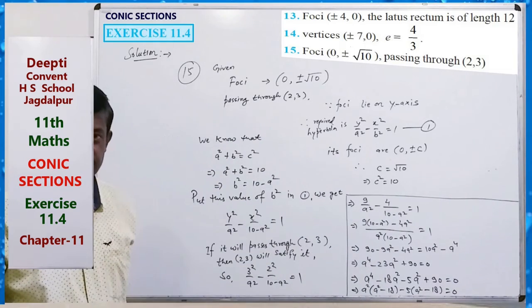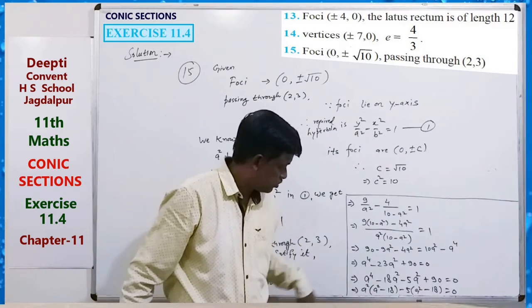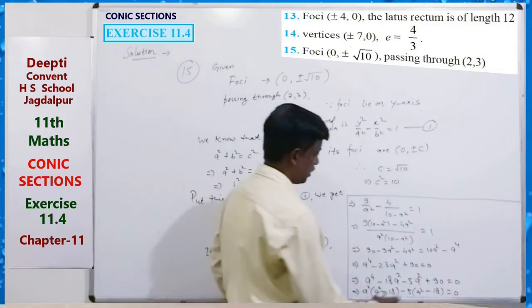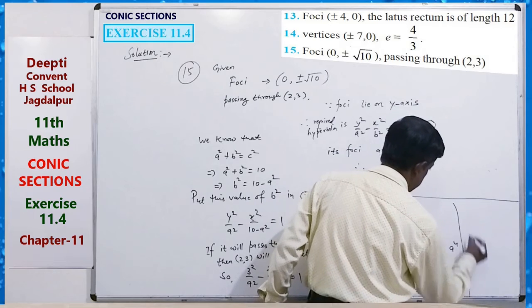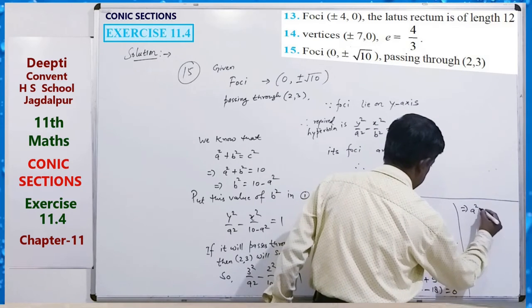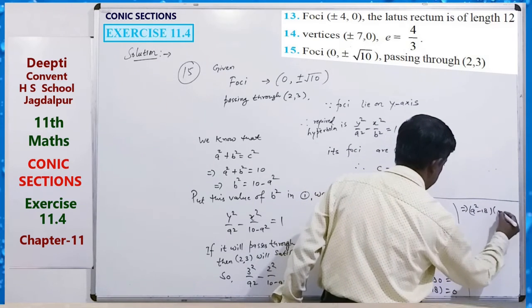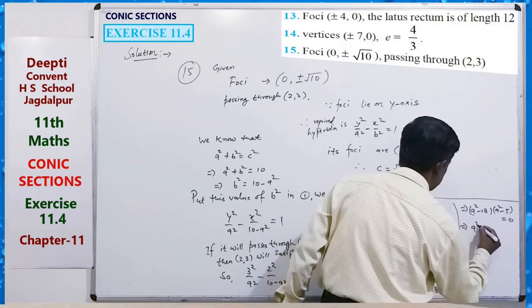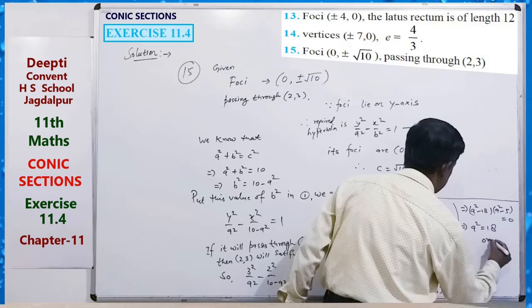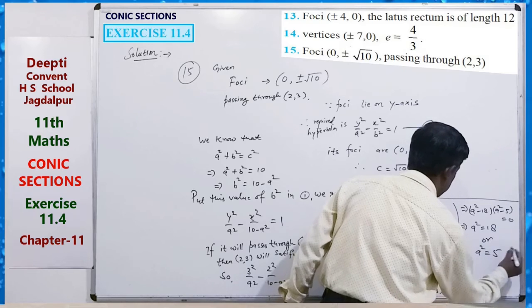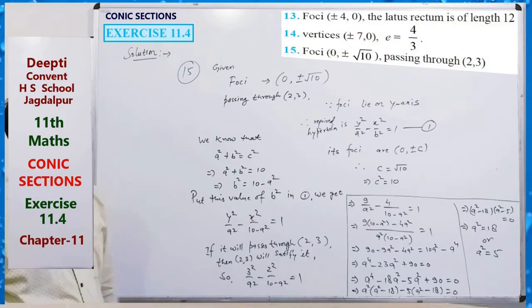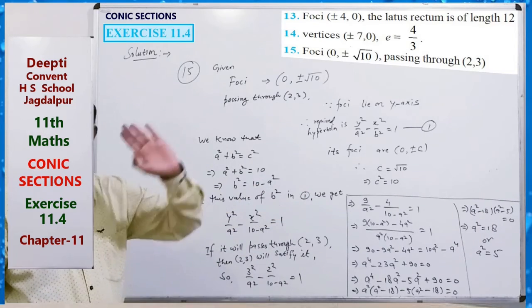Now from here, a square minus 18 is common, so a square minus 18 into a square minus 5 equals 0, which implies a square equals 18 or a square equals 5.